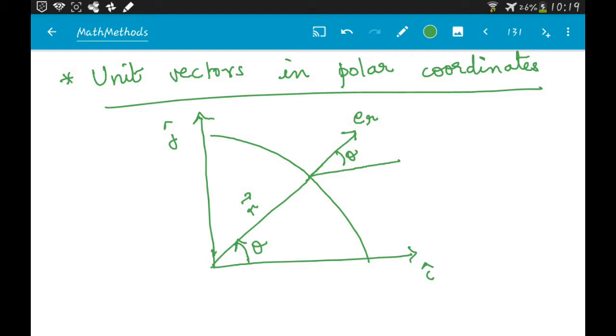And this direction, coming out from the tangent of this curve, is your E theta. This is again your j.